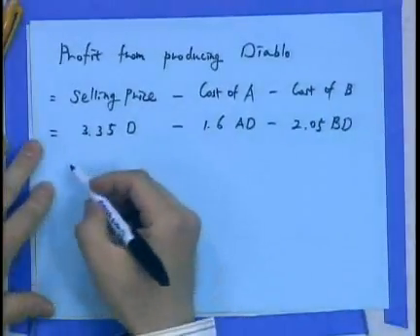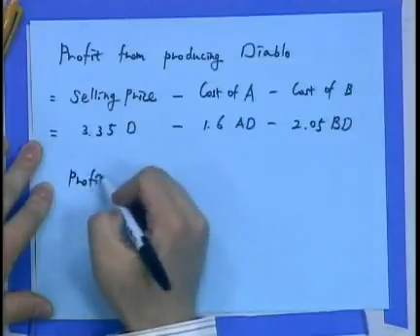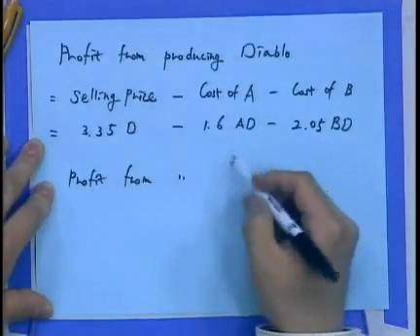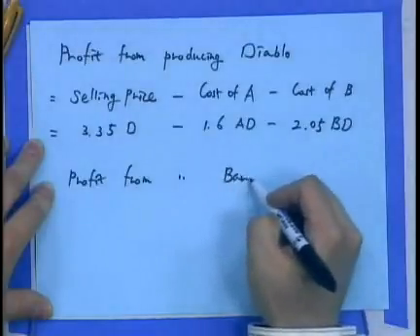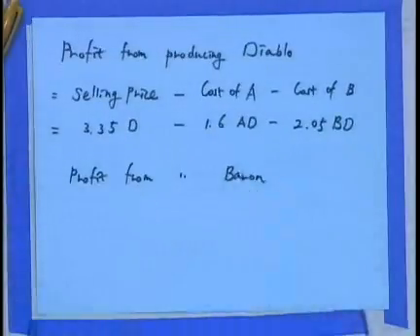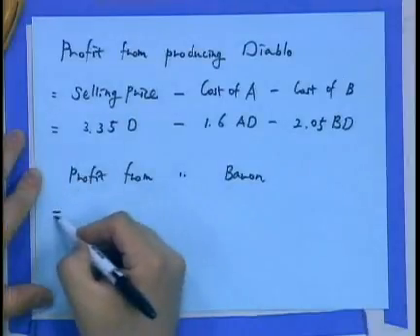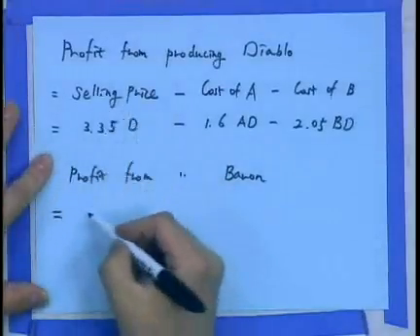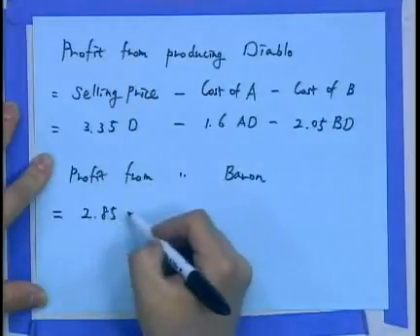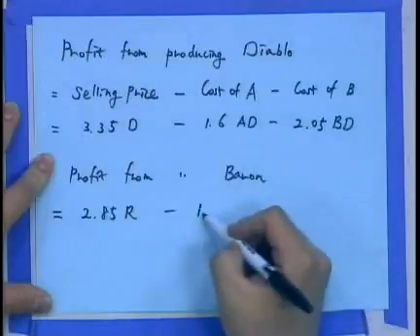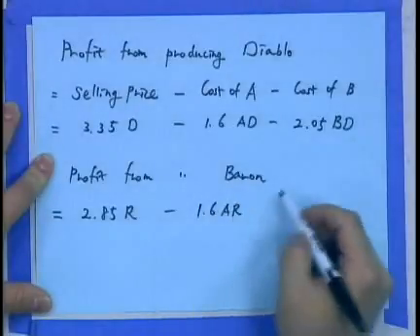Then what is your profit from producing Red Baron? Likewise, the selling price is 2.85 times R, and the cost of A is 1.6 AR.